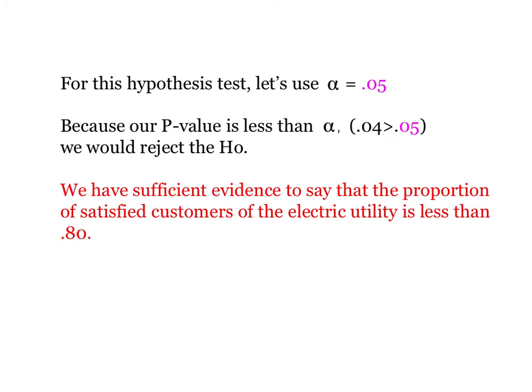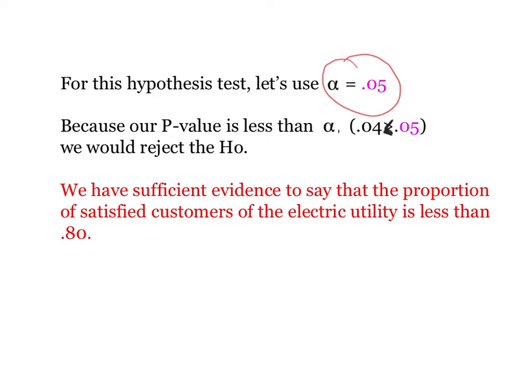So this is how we would do it. For this hypothesis test, let's say I said that alpha was 5%, okay? And it'll say it right in the question in your future. So our p-value was 4%, which was less than 5%, right? And that's the wrong symbol. Haha. This should be less than, my bad. Okay, so we would say, because our p-value is less than alpha, we reject the null.